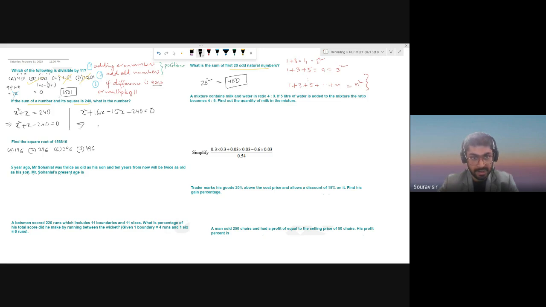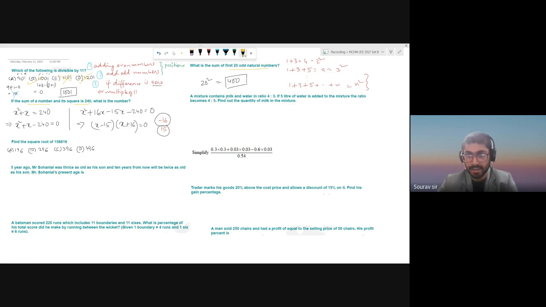So you're going to get x minus 15 into x plus 16 equal to 0. Now, we don't know whether the number is positive or negative, right? So check the options. The answer could be minus 16 or 15. Both of these are valid answers, whichever is in the option.